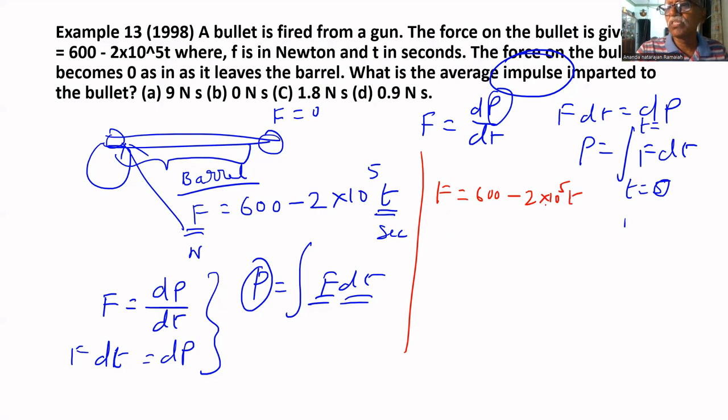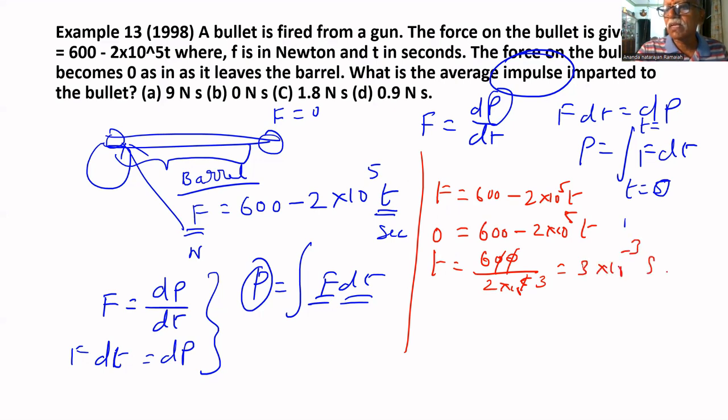This becomes 0 when it leaves the barrel. So substituting F equal to 0, t equal to 600 divided by 2 into 10 power 5. Two zeros get cancelled, so t equals 3 into 10 power minus 3 seconds, that is 3 milliseconds. So we have to integrate up to 3 into 10 power minus 3.